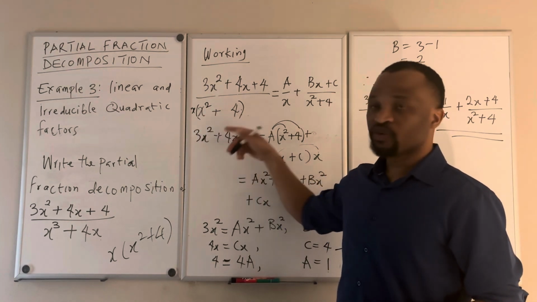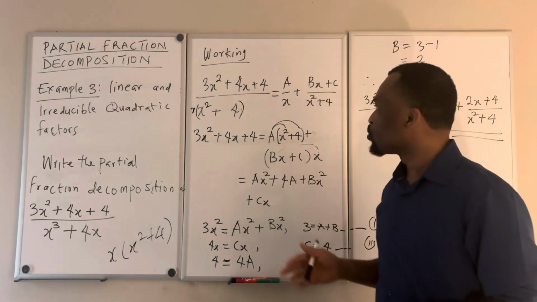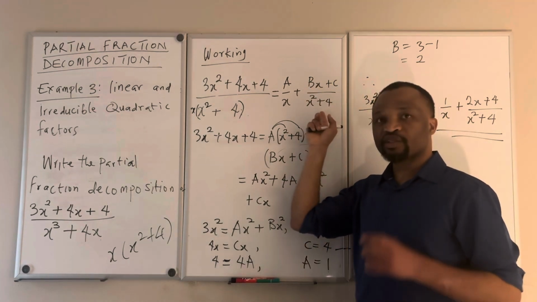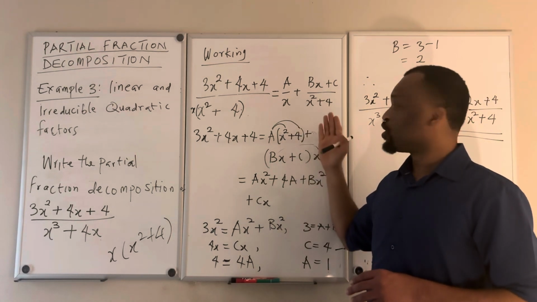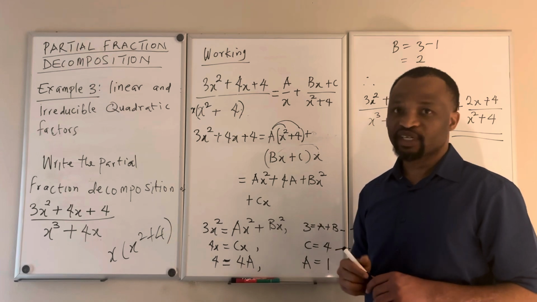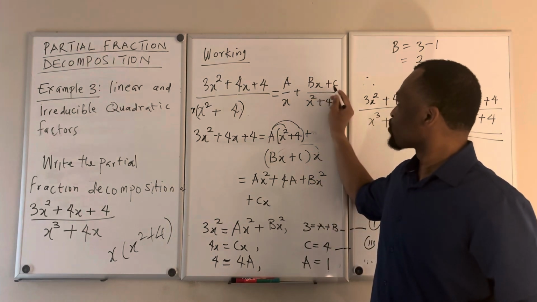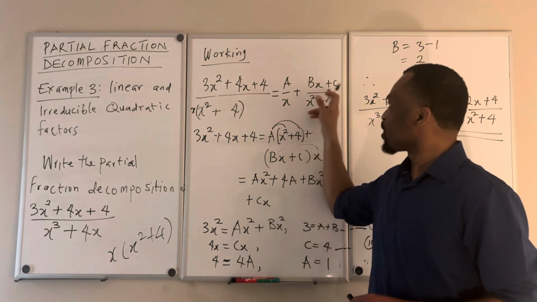What type of unknown will it take at the numerator? Since this is irreducible and the x here has a power of 2, the numerator will take a linear function. I will write that as bx plus c.